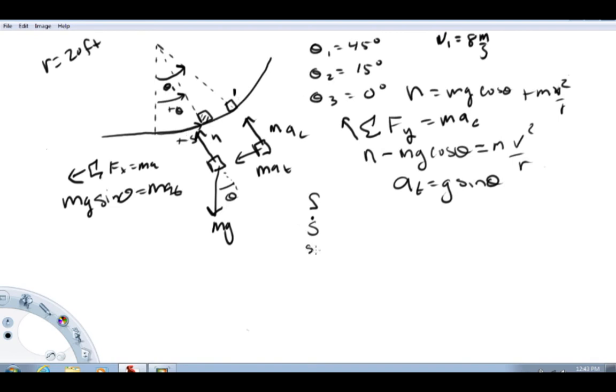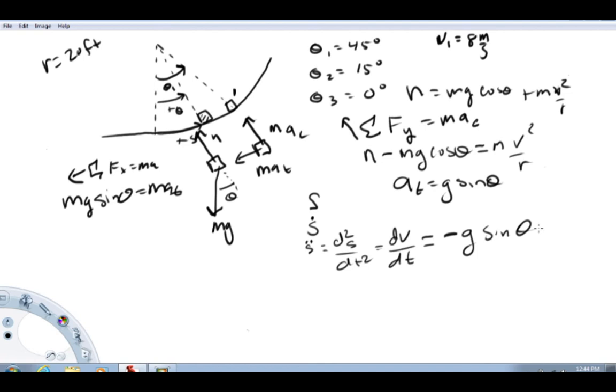And then s double dot would represent the acceleration of this particle, which is d squared s dt squared, or another way to write that, we could say that's equal to dv dt. Now, it's important to note here that this acceleration is in the opposite direction of how we're defining these variables, and that's where the minus sign comes in. So when we relate this dv dt to this acceleration right here, dv dt is equal to minus g sine theta.